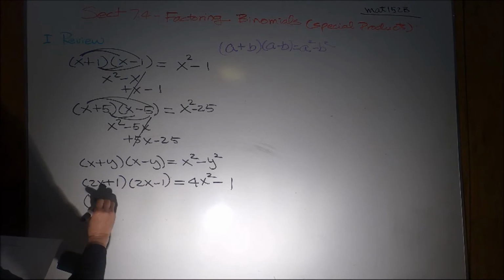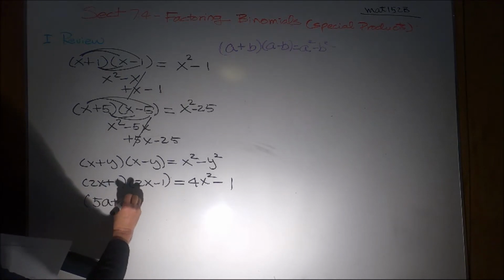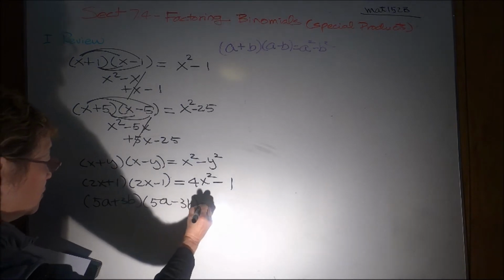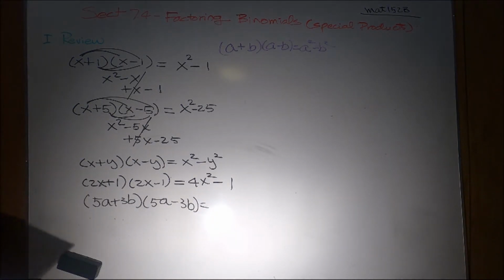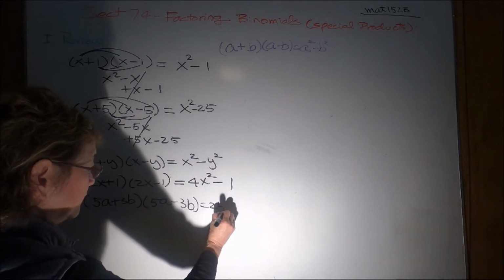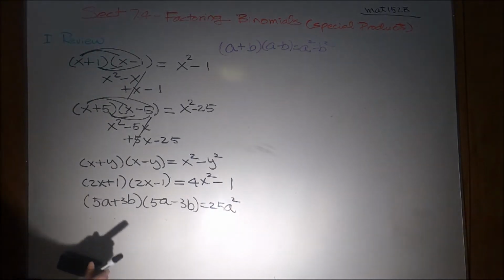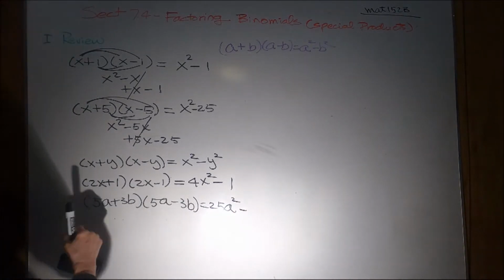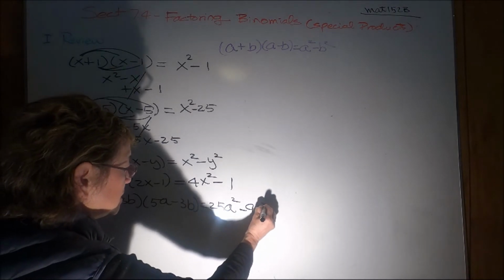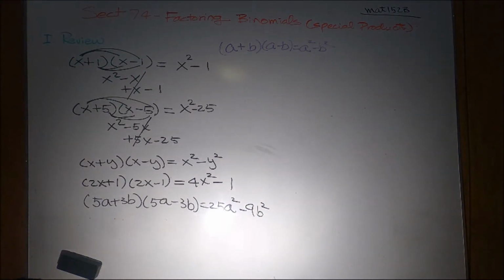And if we have 5a plus 3b times 5a minus 3b, what do you think you should have? First square would be 25a squared, right? Then minus second square would be what? 3 times 3 is 9b squared, right?